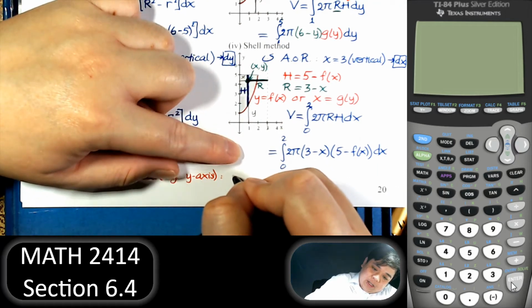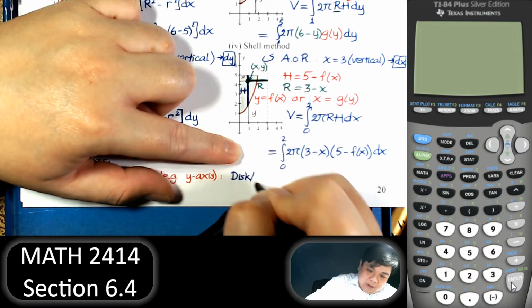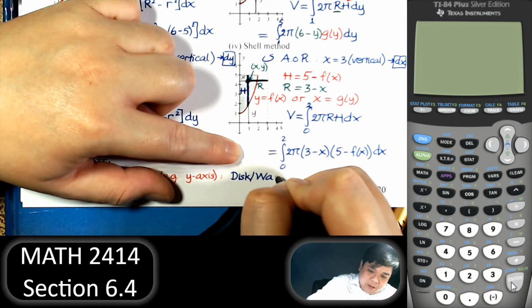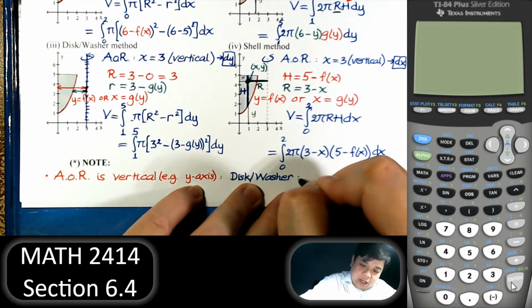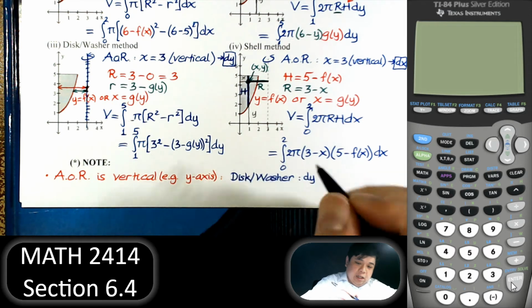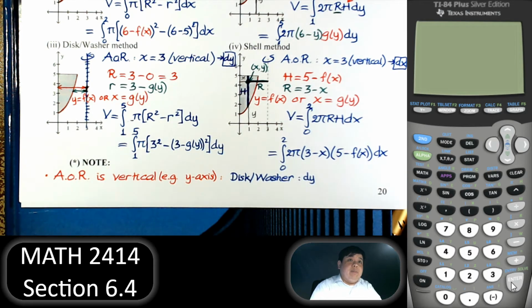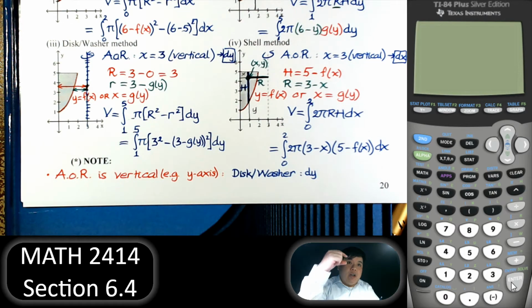So in the washer method, we use dy, the same component, vertical. So if it is vertical, dy, the increment is also vertical.